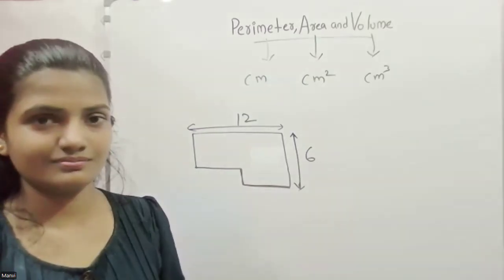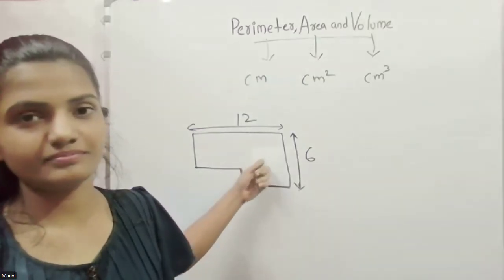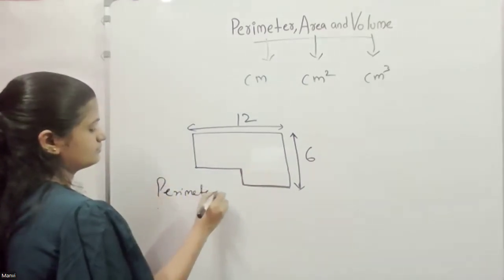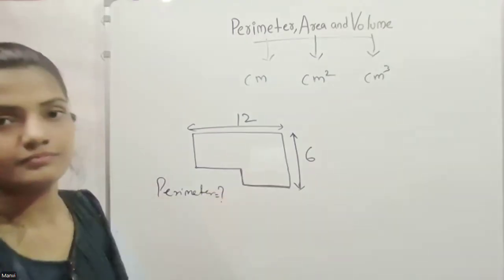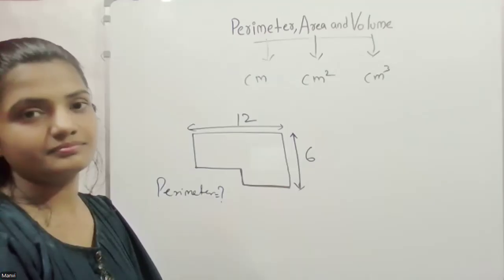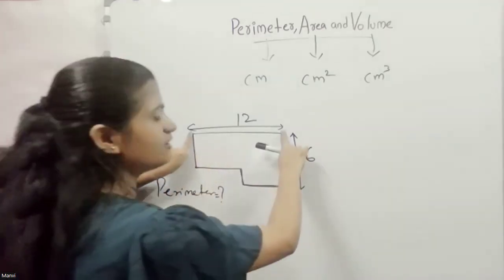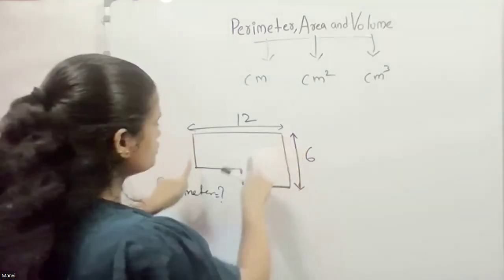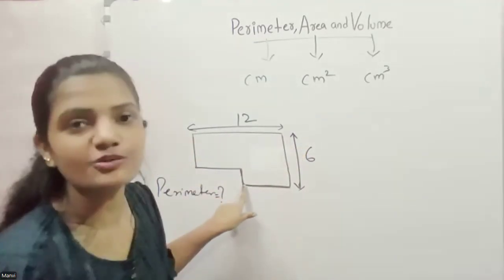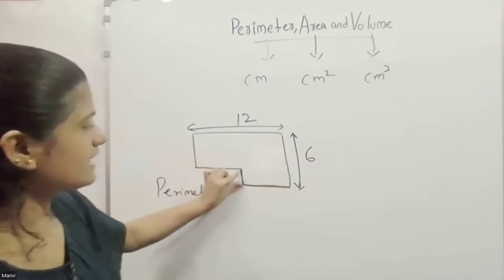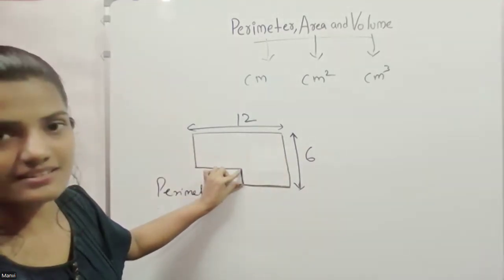Is this the volume? Perimeter of this shape. Oh, pyramid. This is tricky. Okay, this one is 12. So if we add this one and that one, that also will be 12. If this whole is 6, then if we add this and that, it is also 6, right?